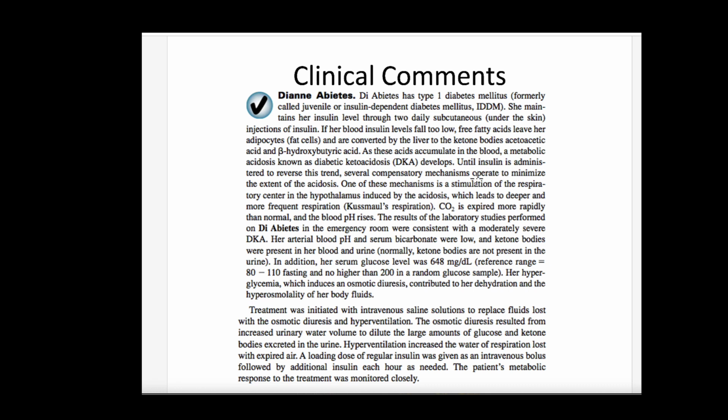Okay, so look at the compensatory mechanisms that are involved with pH and causing acidosis. I also want you to think about how CO2 expiration plays a role in that, and what role respiration overall has in pH.